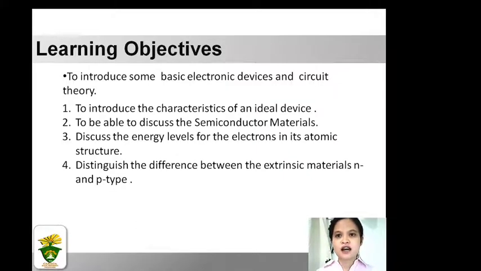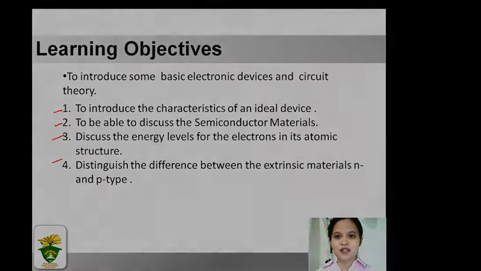First, I will introduce the characteristics of an ideal diode device, then discuss the semiconductor materials, third, discuss the energy levels for the electrons in its atomic structure, and lastly, distinguish the difference between the extrinsic materials, N-type and P-type.